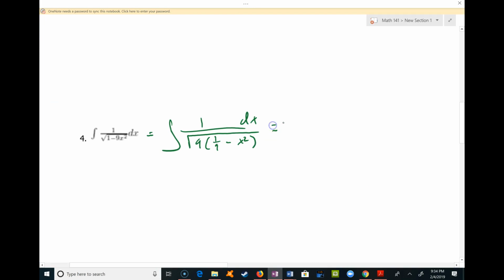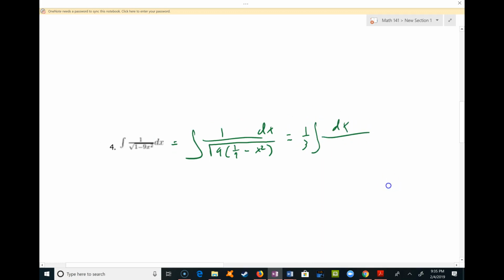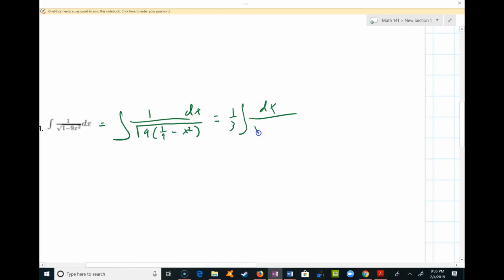If we clean this up a little bit, the square root of 9 is 3. So I'm going to put it outside so I don't have to worry about it. I'll have a dx on top, and on the bottom I'm going to have the square root of 1/9 minus x squared. Now we can see what the a is. It'd be 1/3.